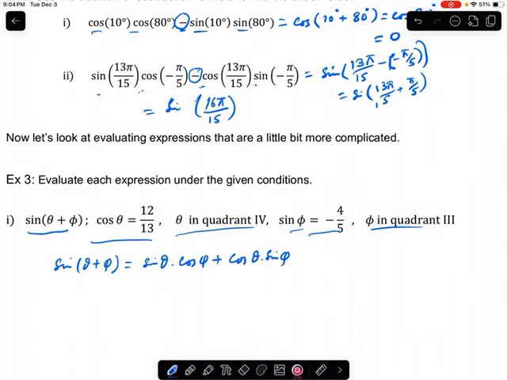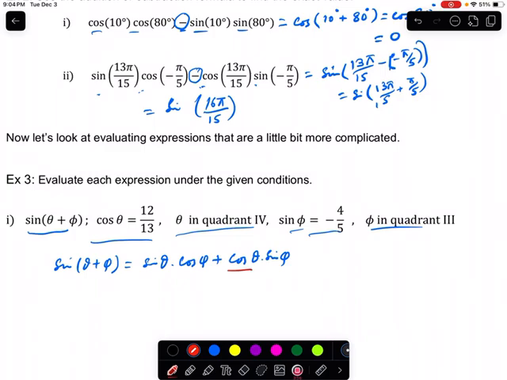Now, what do I know? I know cosine of theta is 12 over 13, and sine of phi is negative 4 over 5. What we need to know is these two: sine of theta and cosine of phi.